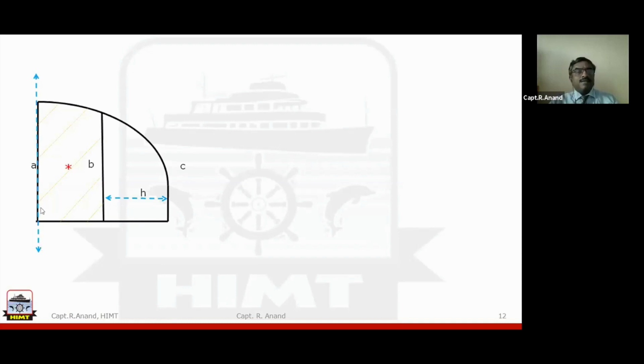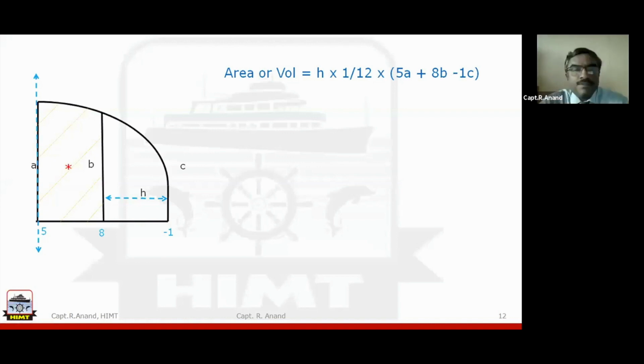That means I want the centroid of this small portion between A and B from the end A. Any doubt on this? I start 5 from end A, 5, 8, minus 1. So using this I can get the area between A and B. How? The formula is H into Simpson's constant into 5A plus 8B minus C. Is that understood? This is just the first step, calculating area. 5, 8, minus 1.